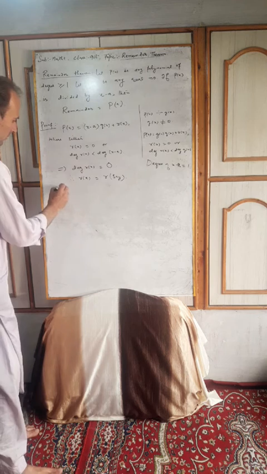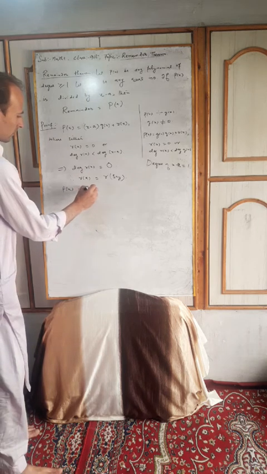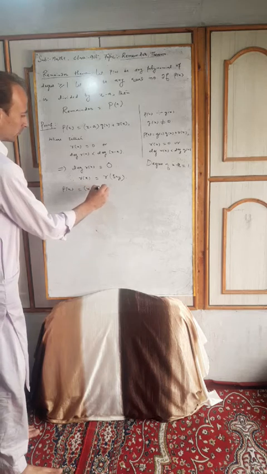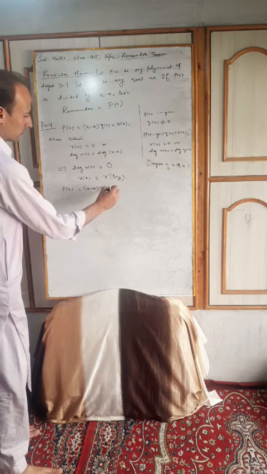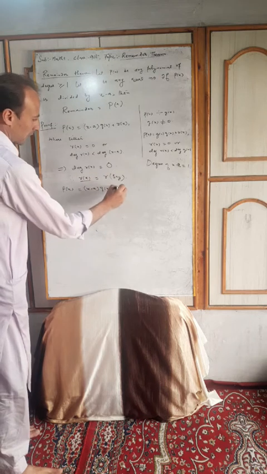Therefore, we will get p of x is equal to x minus a into q of x plus, in place of r of x, we will write r.